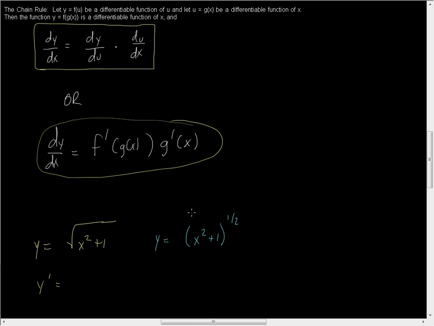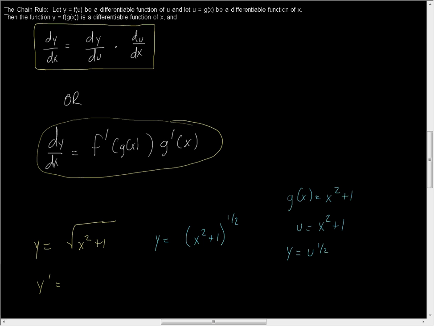Now if I allow the inside thing to be g of x equal to x squared plus 1, and I allow u to equal x squared plus 1, then y is equal to u to the 1/2.